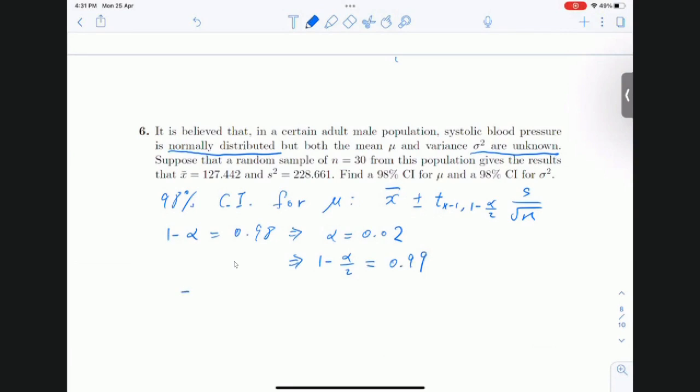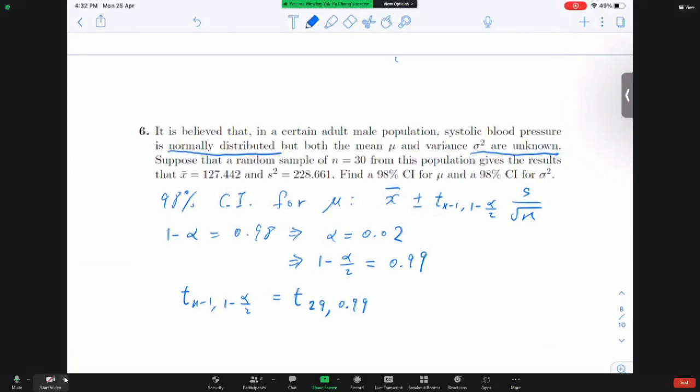So we need to find t_{n-1, 1-alpha/2}, which is t_29 because n is 30 and 1 minus alpha over 2 is 0.99. So we need to find the 0.99 quantile of the t distribution with 29 degrees of freedom. You can find it from the t distribution table, or you can use R.